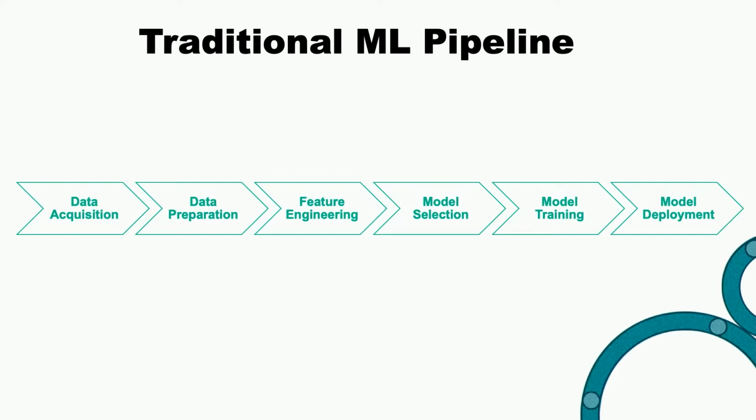So once you have this data all in one place, the next step is to prepare the data, to clean it, to make sure that the engine understands the data types of the column. So data preparation could include things like removing outliers or making sure that we deal with null values appropriately. The next step is feature engineering.